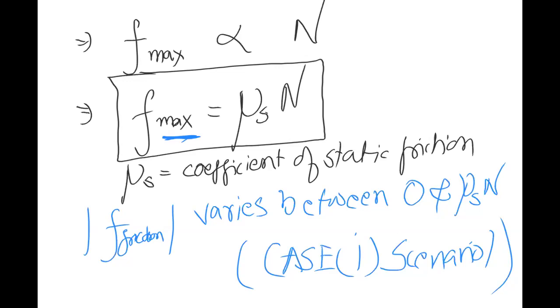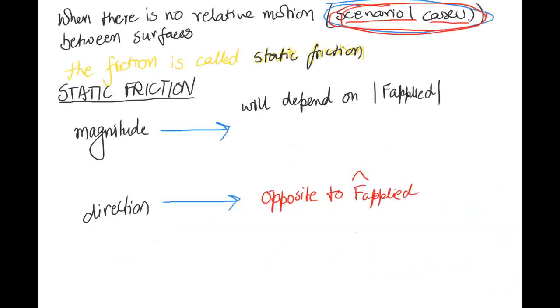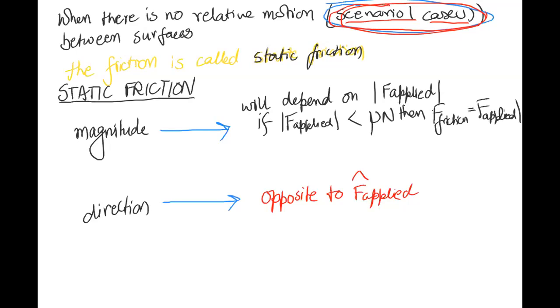Okay, so now coming back to this magnitude, I told you it will depend on F applied, and this is how it will depend. If magnitude of F applied is less than mu N, then the force of friction is equal to F applied magnitude.